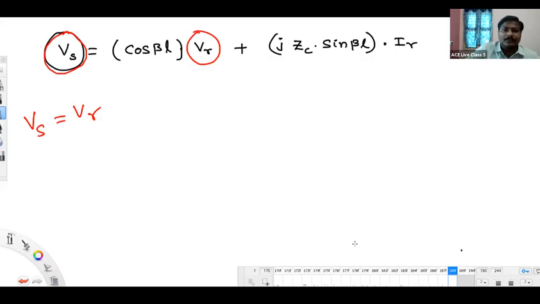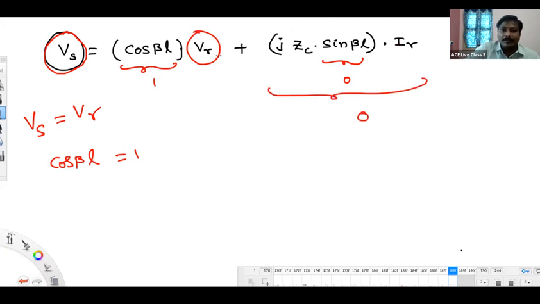See, listen now. For example, if you make this cos βL value 1, this will come 1, and sin βL will be 0. So 0 into IR, this whole number will be 0, and you will get 1 into VR, so VS equals VR. So cos βL equals 1 is a condition.